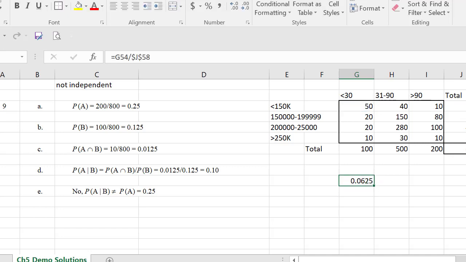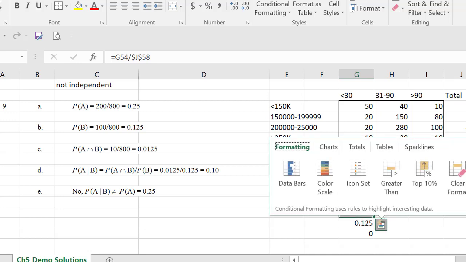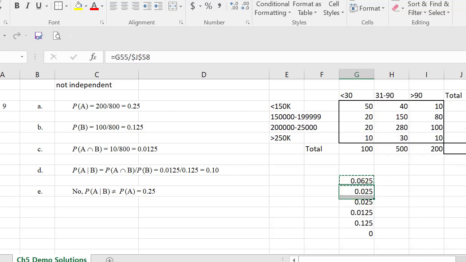Now I can copy that on down. Copy that across.